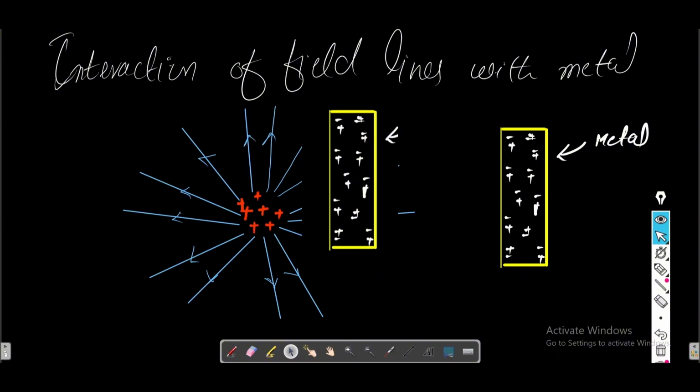In this case what will happen? These electric field lines will interact with the metal.